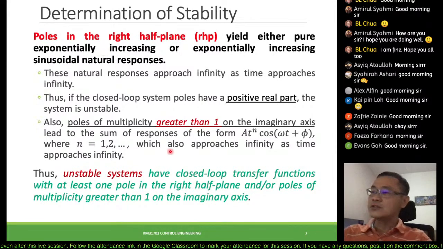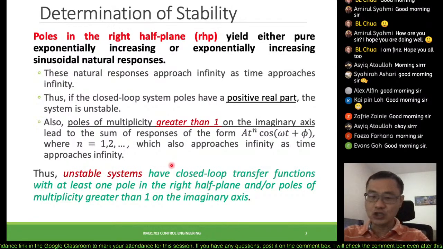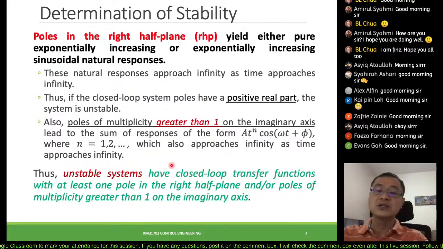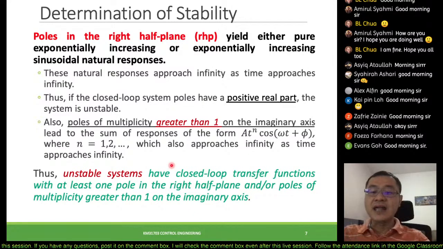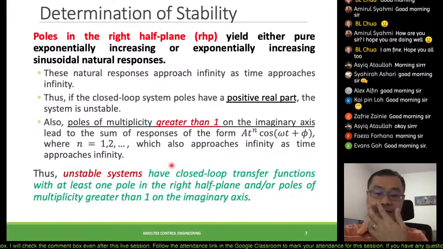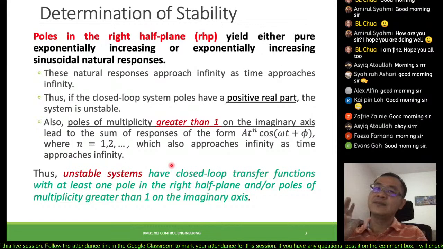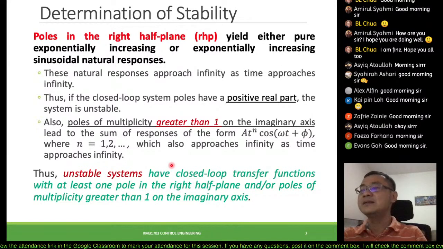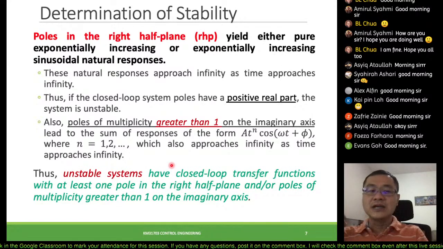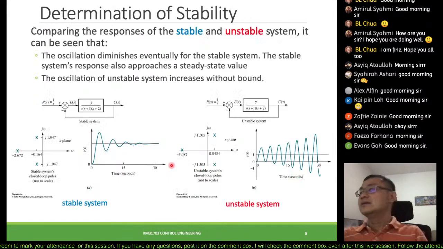So an unstable system can be defined as a closed loop transfer function with at least one pole on the right half plane and/or poles of multiplicity greater than one on the imaginary axis. This is the definition of stability that we intend to check today.